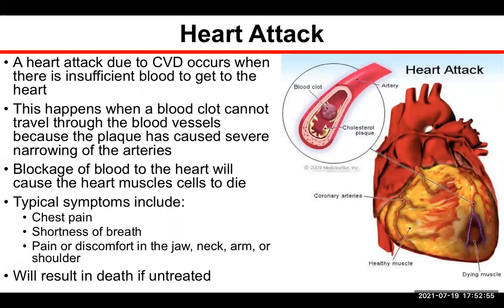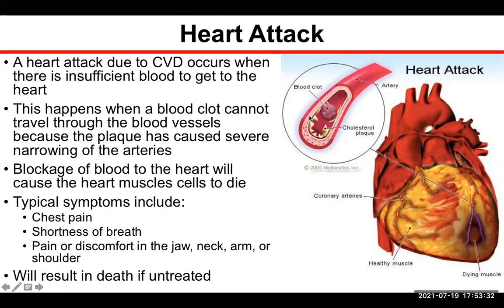Once the plaque has become so severe that it stops blood flow, or slows it down, once a blood clot comes through that artery, the blood's not going to be able to push through anymore. Arteries are basically the biggest kinds of blood vessels that you have in your body. The main area that it affects in a lot of these people that leads to heart attack is the artery that leads into the heart, which has all that oxygen-rich blood.